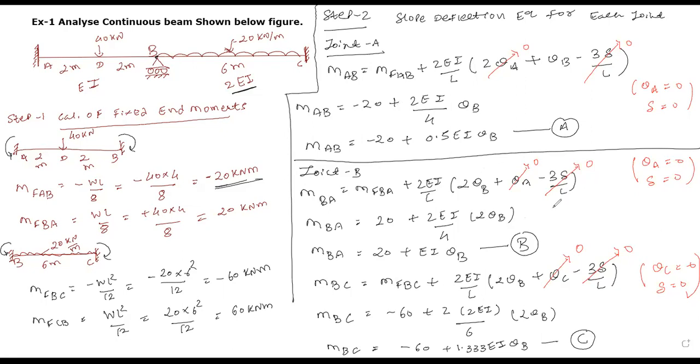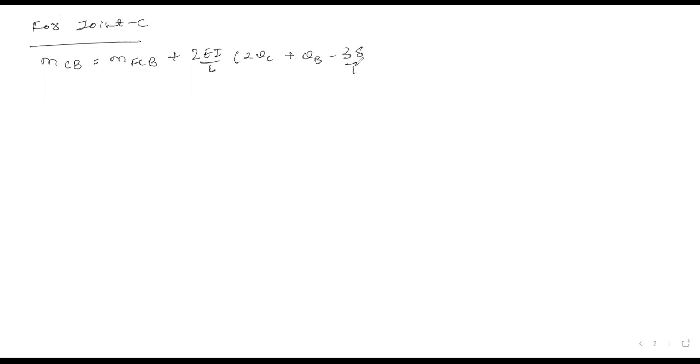Let's go next, for joint C we will apply the same condition. For joint C, MCB should be equal to MFCB plus 2EI divided by L multiplied into twice theta C, because we are at joint C, plus theta B minus 3 delta by L. I hope it is clear.